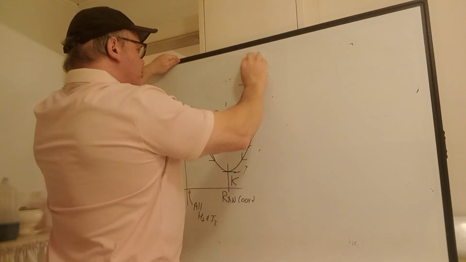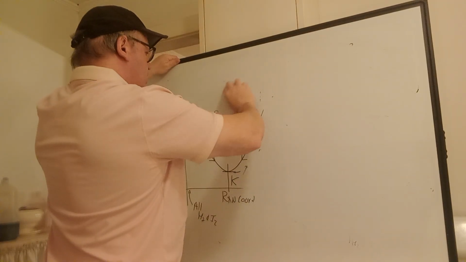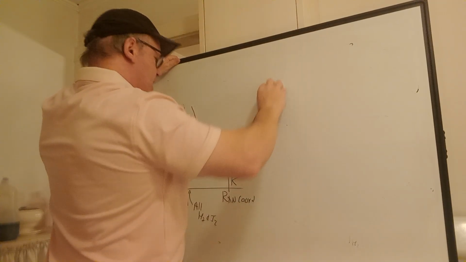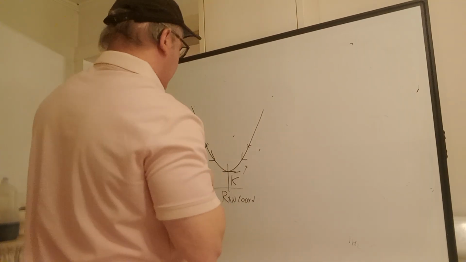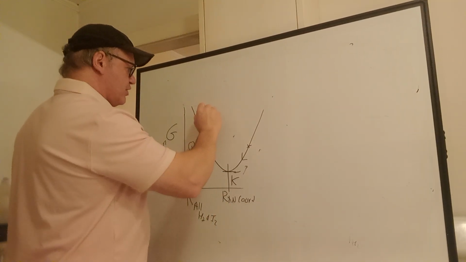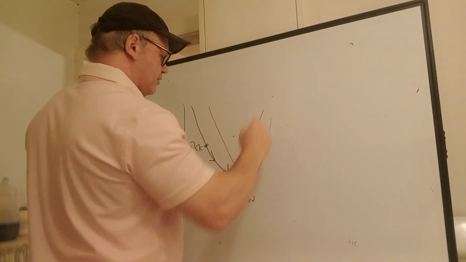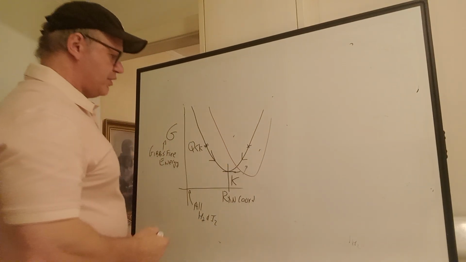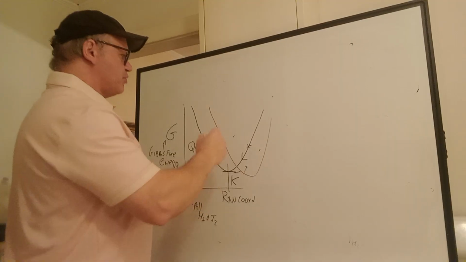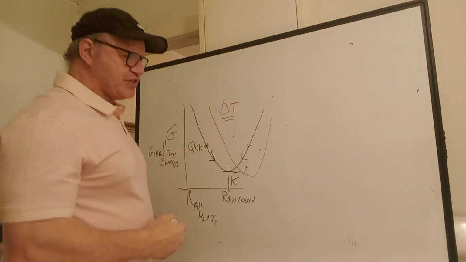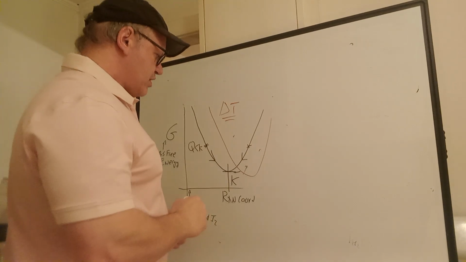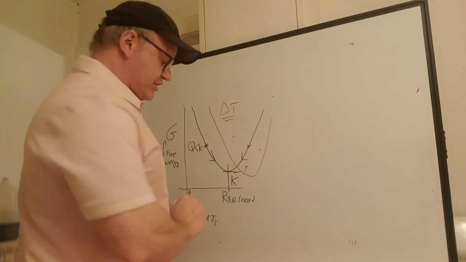So this was all isothermal. Now, what happens when we change temperature is that we get a new profile. K shifts. This is when we change temperature. When we're not isothermal, we get new equilibrium constants.